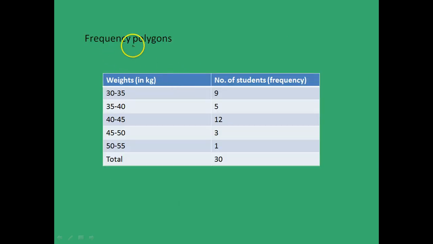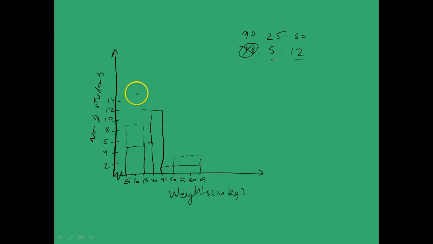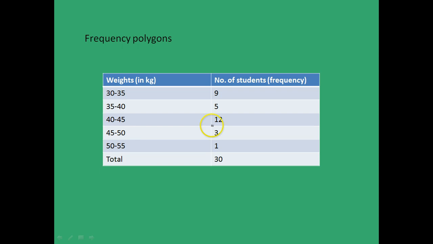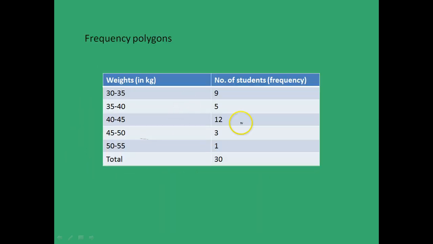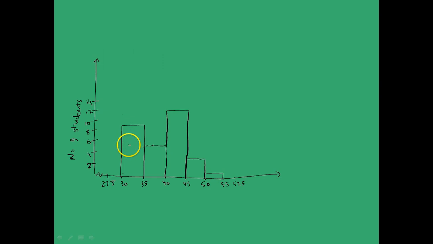Next we will look at frequency polygons. Frequency polygons are also drawn from continuous frequency distribution tables, and we can use the histograms that we drew for this table to come up with the frequency polygon of the frequency distribution. So this is the histogram of the frequency distribution in question.